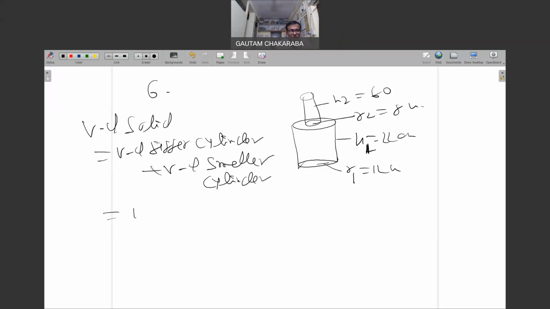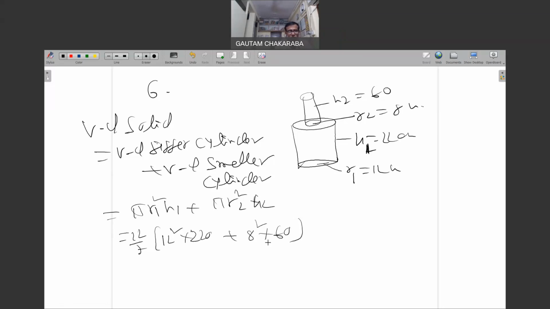Formula remains same, pi R1 square H1 plus pi R2 square H2. 22 by 7 common, R1 square 12 square, height 220 centimeter, R2 square 8 square, height 60.